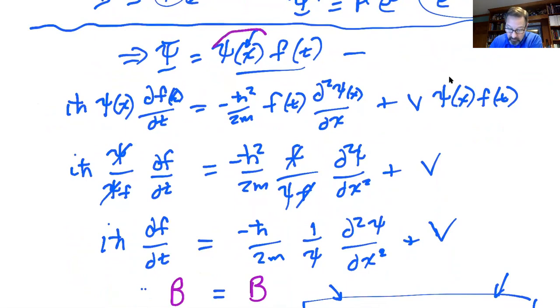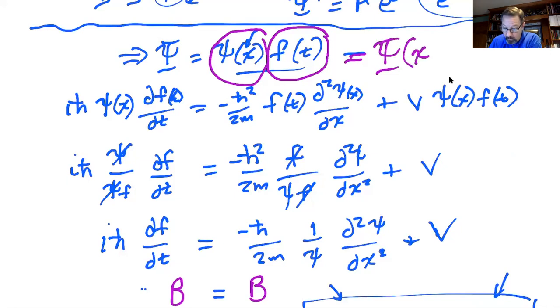that is only a function of position, and I choose, like most textbooks do, to have that be the lowercase Greek psi, which is only a function of position. Then you multiply that by just any function, and I went with f here, a function of time. These two are multiplied together, and that is equal to the overall wave function, which is a function of both position and time.